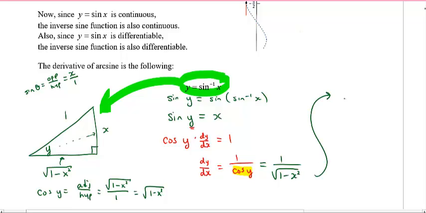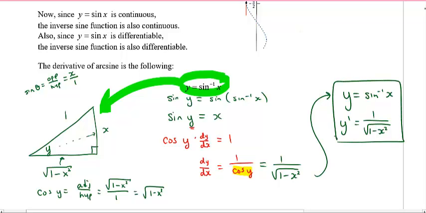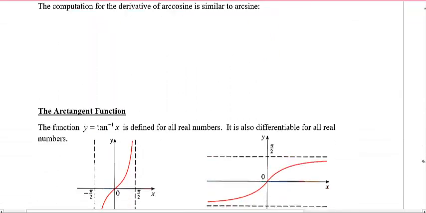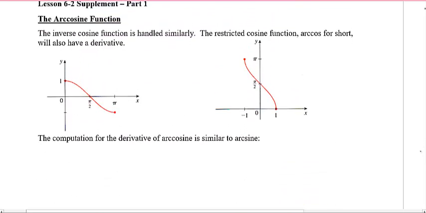So what you have to memorize and know now is that if the function is the inverse sine, its derivative is 1 over the square root of 1 minus x squared. Done. Now, when you turn the page, you're going to have to do the same thing for arccosine and also arctangent. Once again, we have to limit the domain of the cosine function. For cosine, we take the domain of x between 0 and pi, where the range is, once again, -1 to 1.